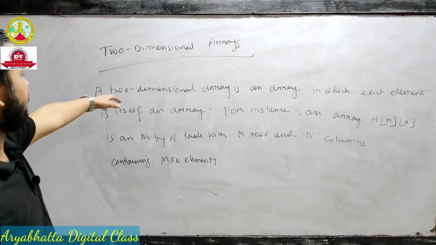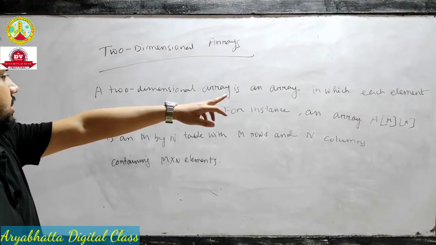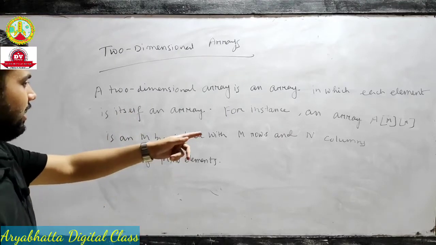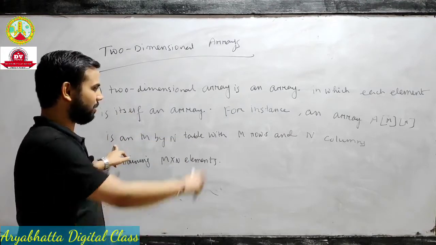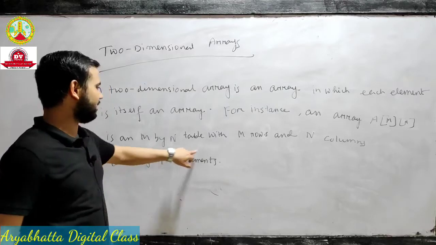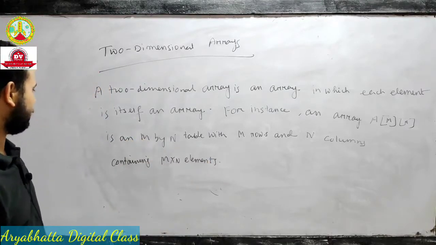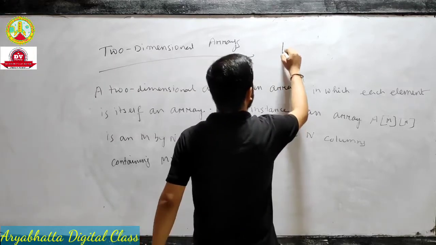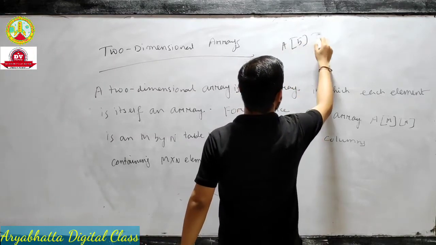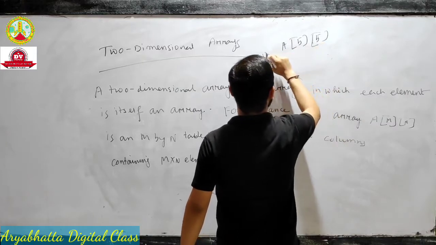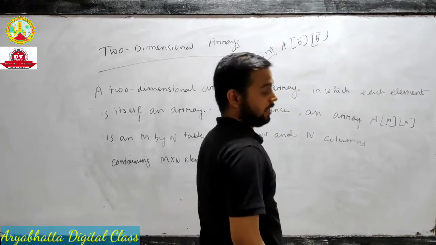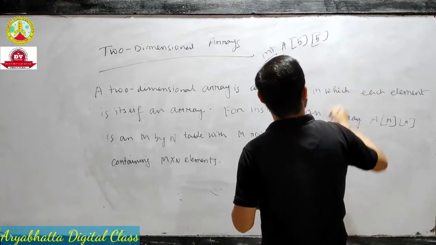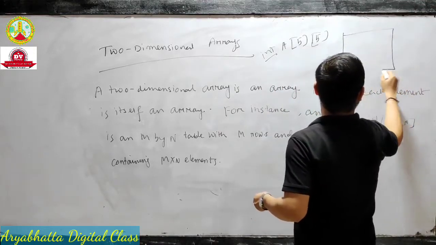Here you see a two-dimensional array is an array in which each element is itself an array. For instance, an array A[M][N] is an M by N table with M rows and N columns containing M by N elements. Suppose we take A[5][5] with data type int.